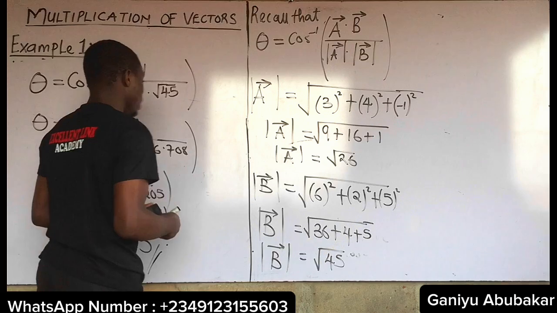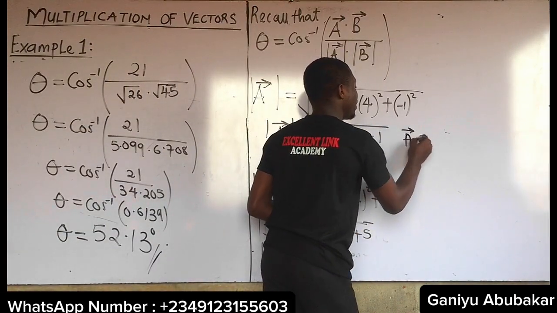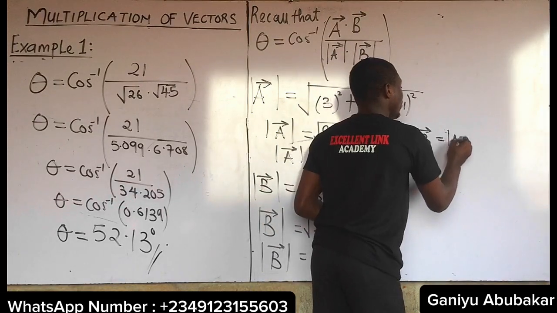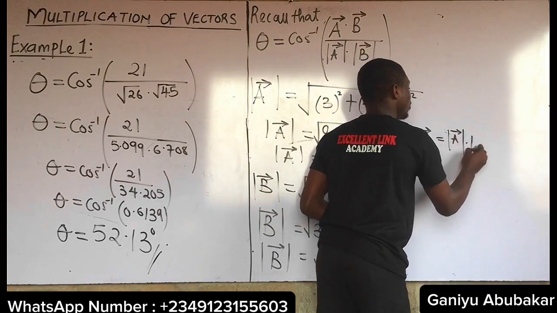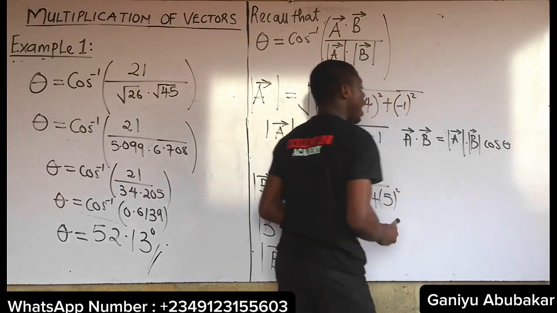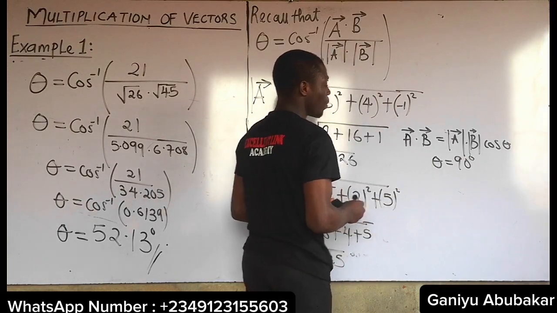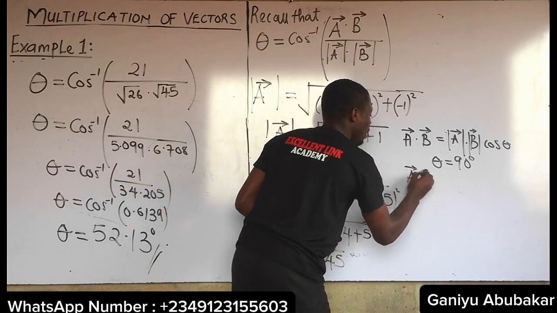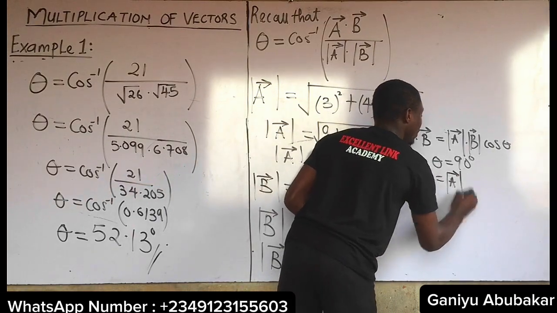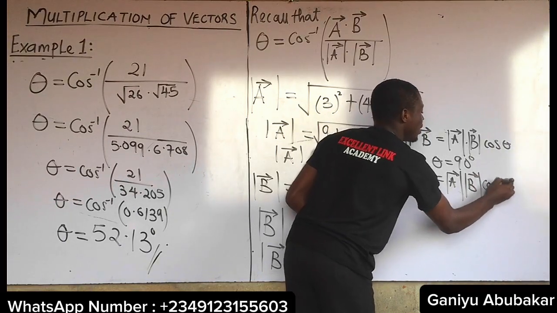What do I mean? What we know is that the dot product of A and B is equal to the magnitude of A times the magnitude of B times cos theta. And we said theta is equal to 90 degrees if they are perpendicular. So cos theta is cos 90.